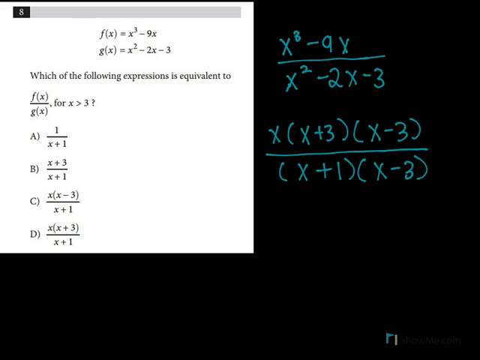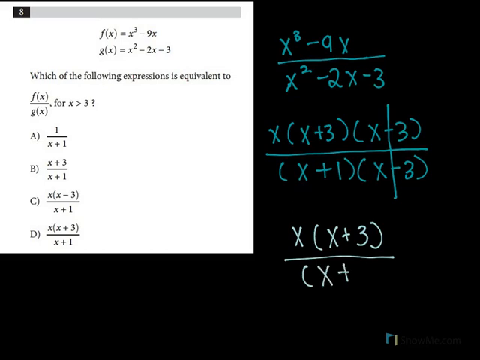And the next step we do is we notice that x minus 3 is in both the numerator and the denominator, so we can cancel those out, and let's rewrite this. We would have x times x plus 3 over x plus 1.